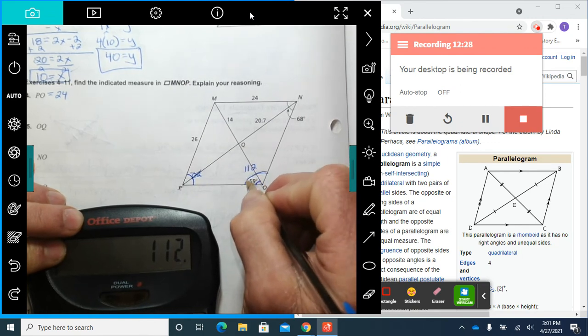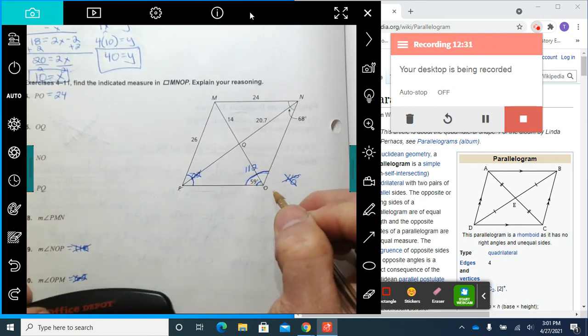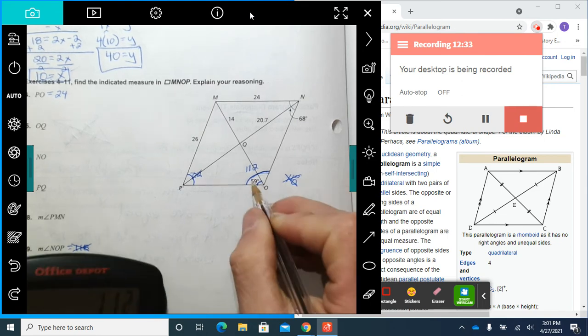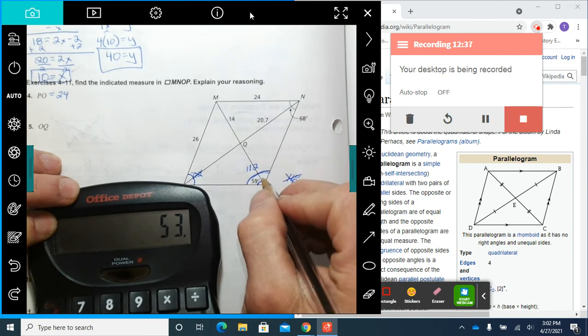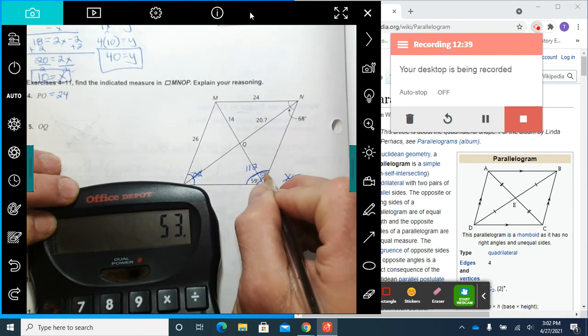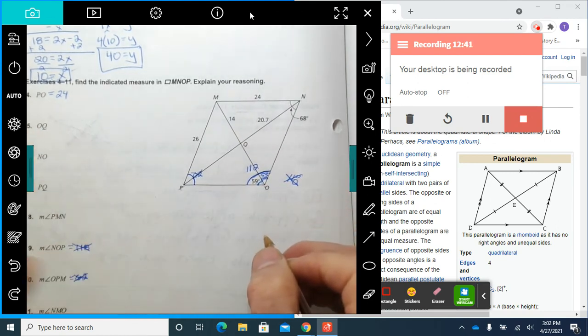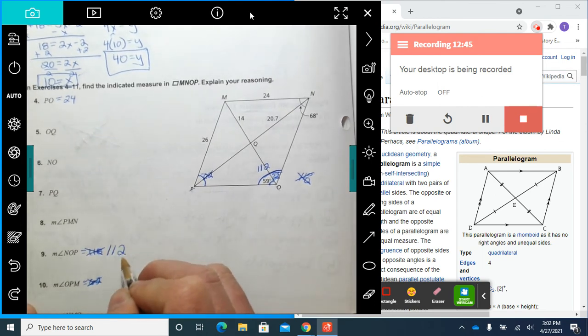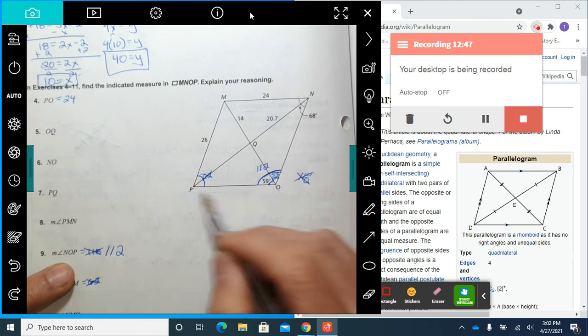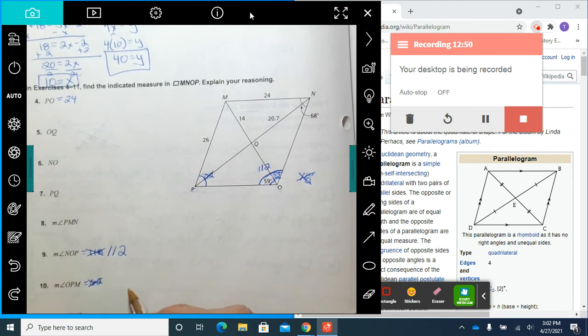This whole angle is 112. And then 112 minus 59 would be 53. Sorry, there we go. So this angle is 112. And OP is 112. All right, sorry about the mix up.